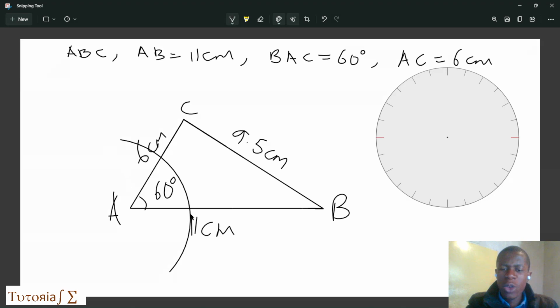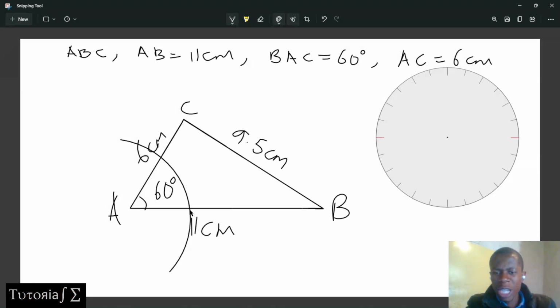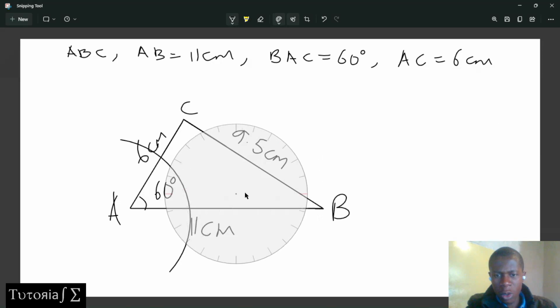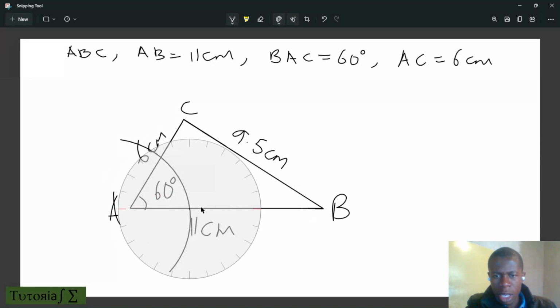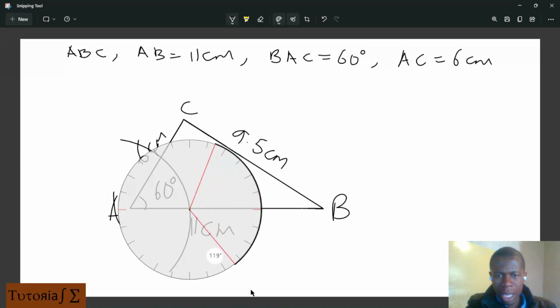Then secondly, you're going to take your sharp point of the compass and place it on B there, right? Just like I have done. So the dot there is representing the sharp point. Place on B. Again, you're going to draw another arc like that.